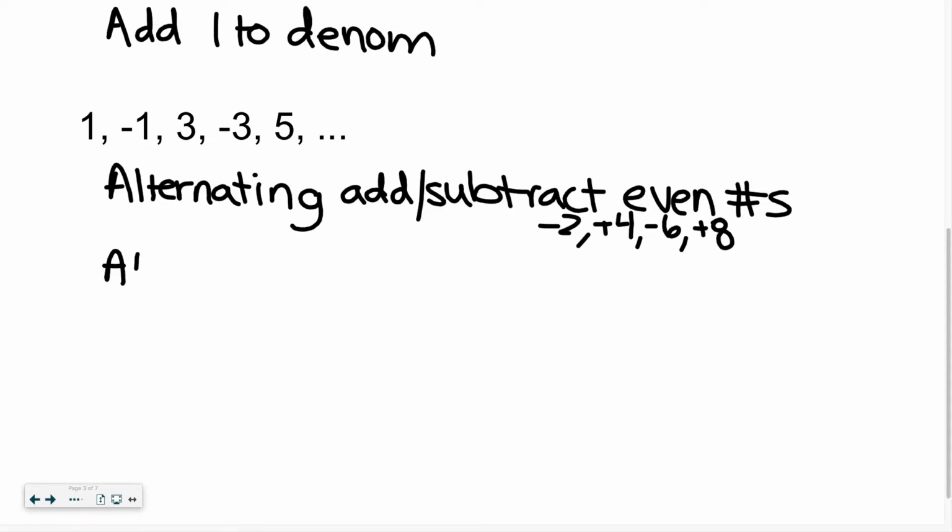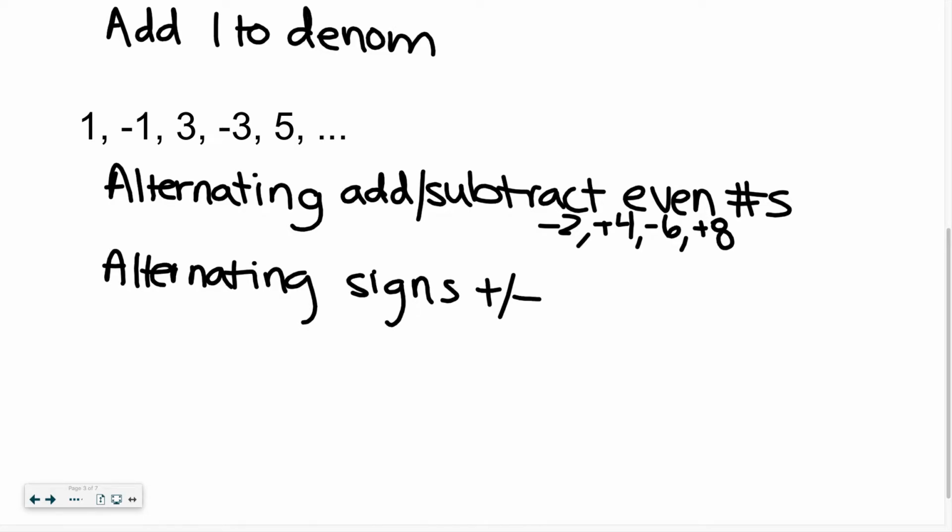Okay, so you still had to say something about alternating signs, right? Yes. Okay, so you had the alternating signs, the plus or minus, and then you're saying it was just the next odd number. Okay, so this is interesting.